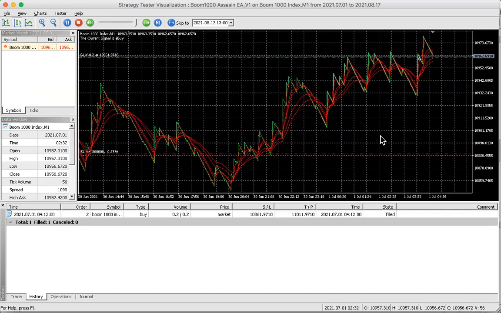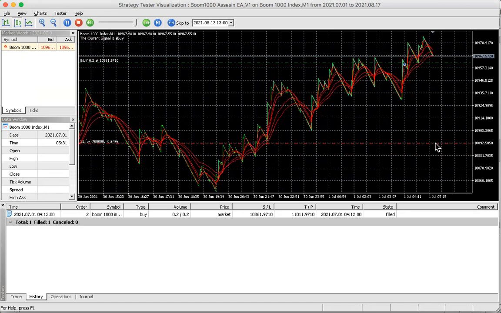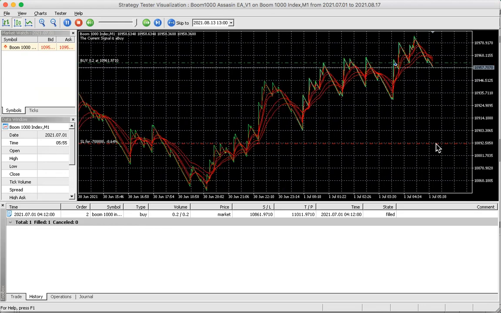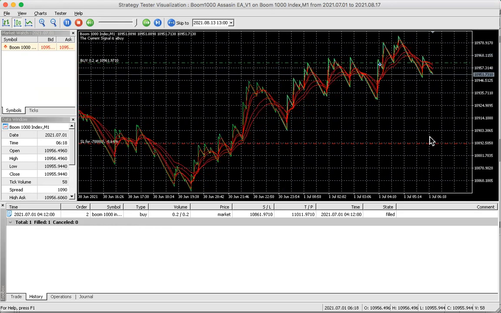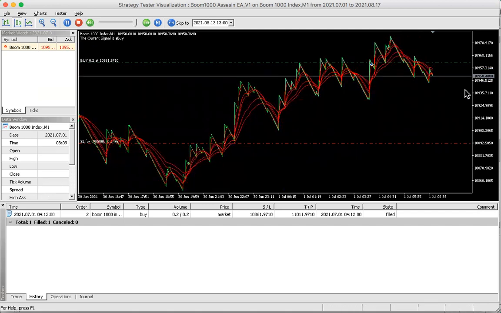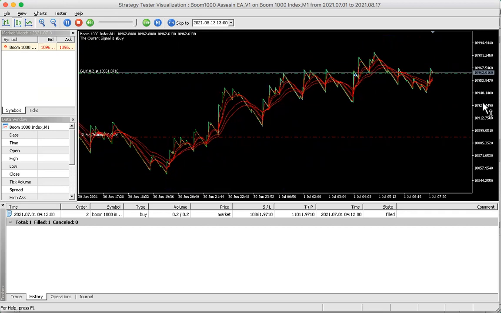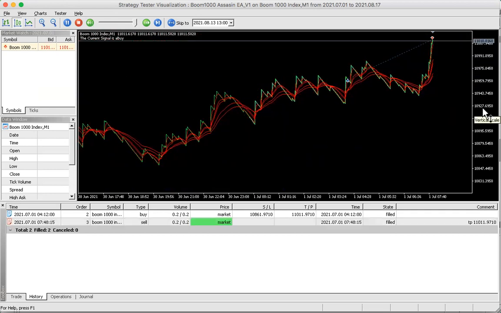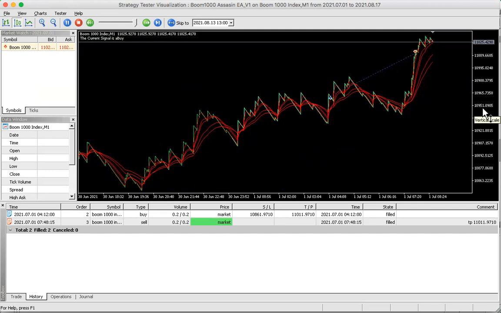You see, after the confirmation, the EA actually goes into profit, and then you see the stop loss there moving. Let's see what happens to the stop loss as the market goes up. Right, you see the stop loss was actually following the market.